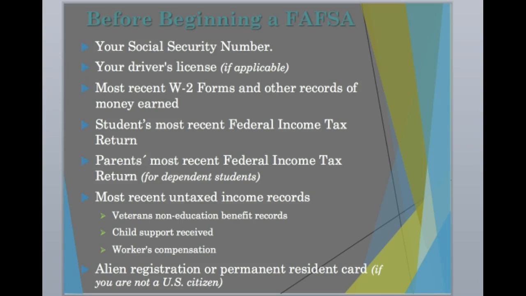For parents, this is for dependent students. So all students that have probably graduated from SCA are more than likely what we would consider a dependent student. You need to have copies of your most recent untaxed income records. And also, if you are a permanent resident or have an alien registration number, if you're not a U.S. citizen, you need to have that paperwork as well.